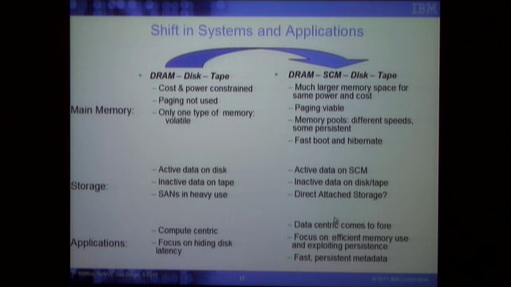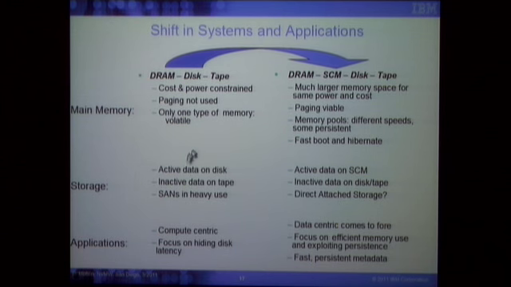So this one is saying how over time you are going from essentially a 3-level hierarchy to a 4-level hierarchy. So here you have DRAM, disk, and tape, whereas here you have DRAM, storage class memory, disk, and tape. And so this is all stuff that I'm pretty sure you guys are aware of.